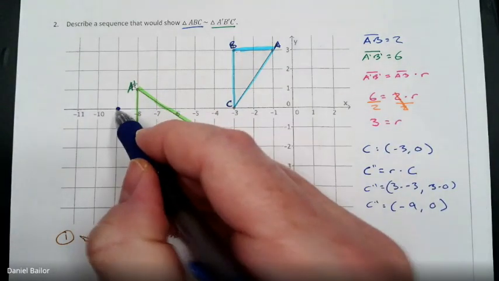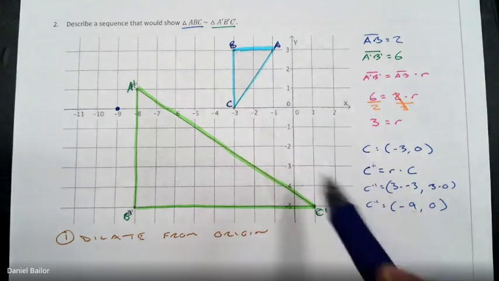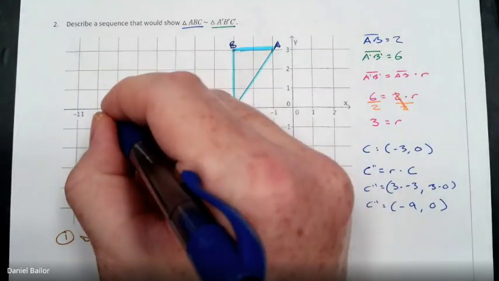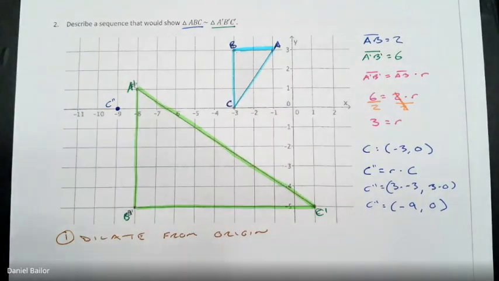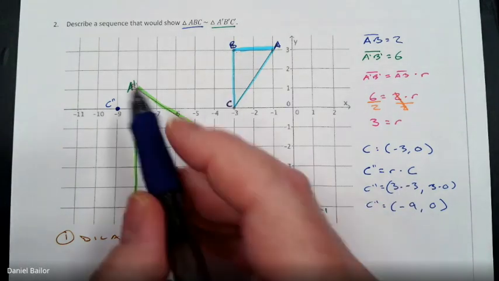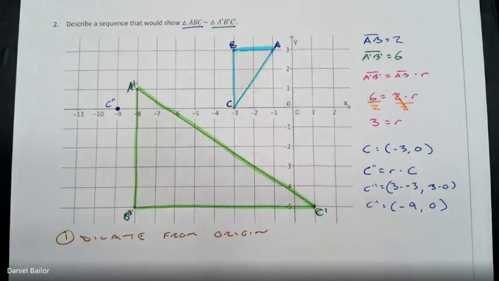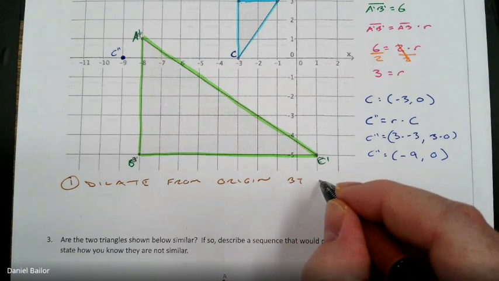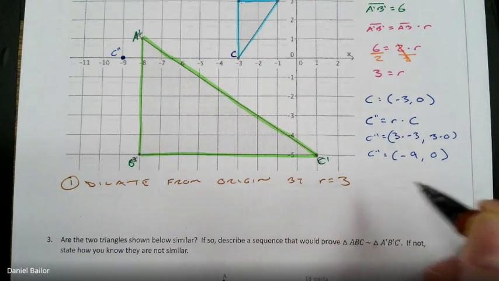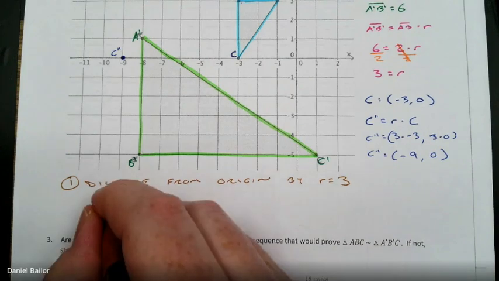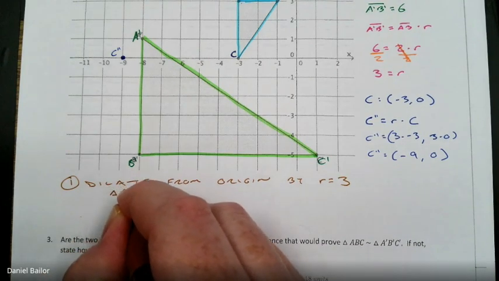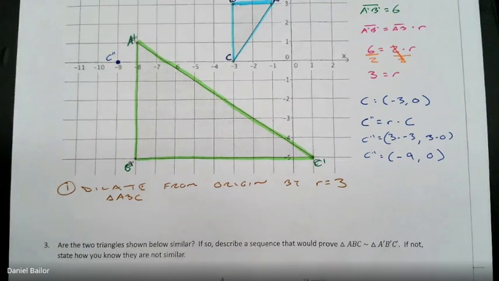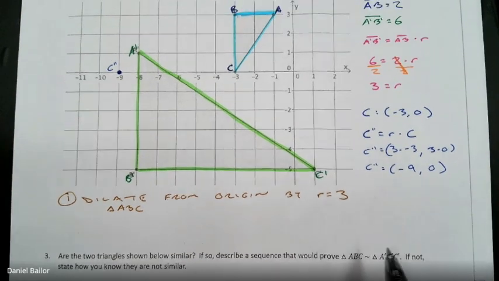Now, I'm not going to do B and A because those will fly up off the graph. But I know C prime prime is over here. Remember, we dilated from the origin, step 1, by R equals 3. Oh, I should say dilate triangle ABC, the original, from the origin by R equals 3.